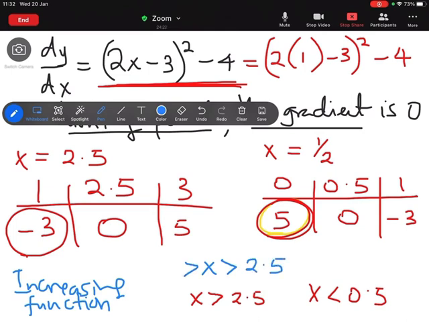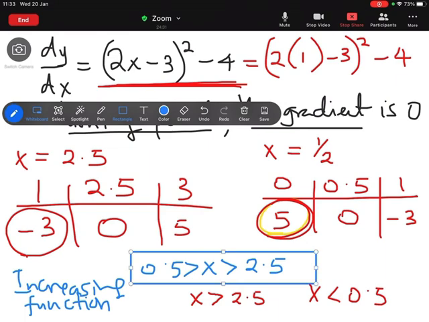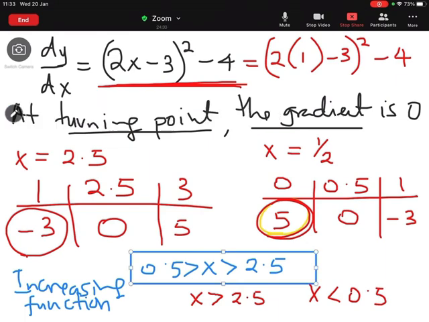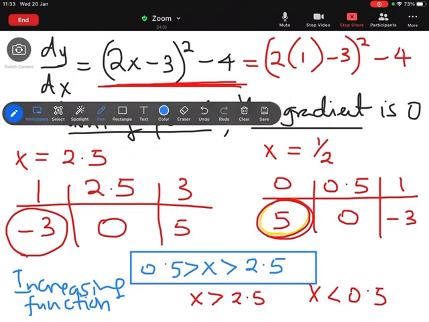And that there is our answer to that question. That the range of values for where we have an increasing function are values where x is less than 0.5 and where the x values are greater than 2.5.